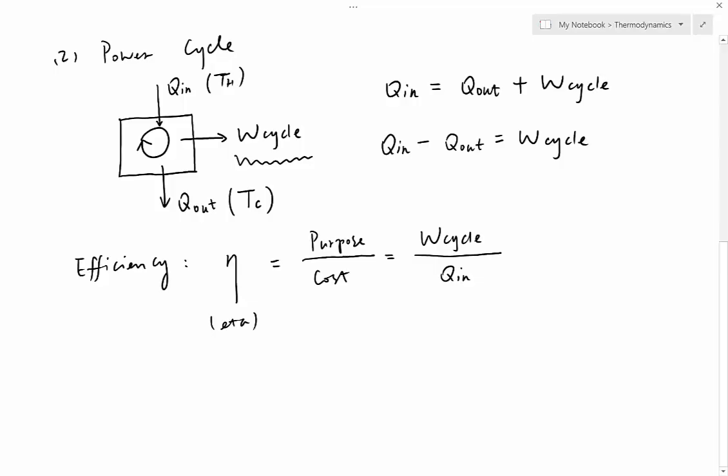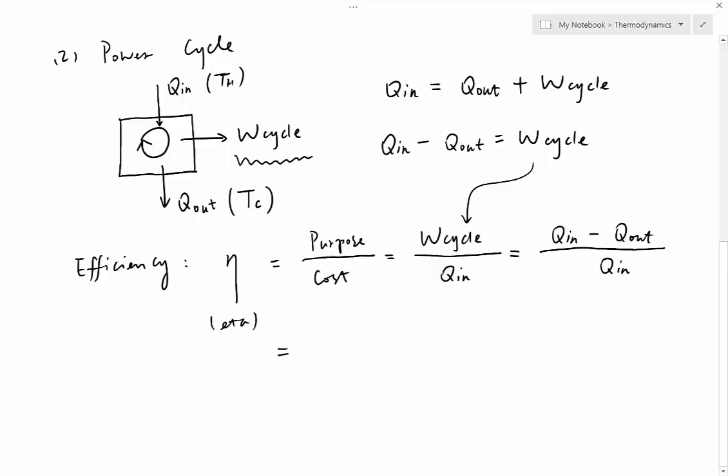You burn the gas, you provide heat to the engine. This heat is Q in. So this is what you pay, Q in. Okay? And now if we rewrite W cycle from this equation above, what we have is Q in minus Q out divided by Q in.